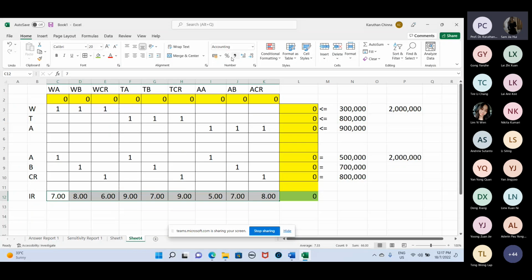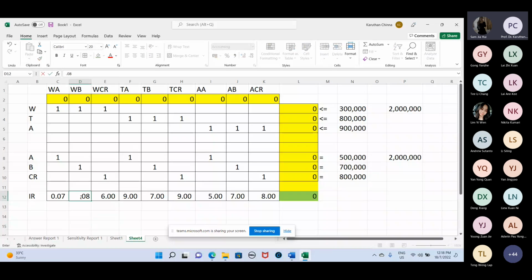Yeah, right. 7, eh? Okay. 7%, 0.07, 0.08, 0.06, 0.09. Okay. 0.07.